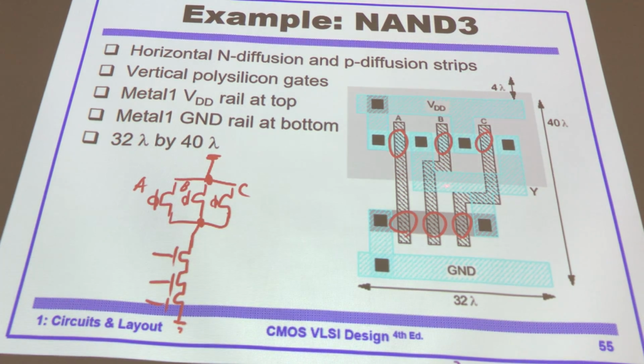For the B PMOS transistor, the source terminal is here, connected to VDD here, right? Drain terminal connected to Y again, which is also the drain terminal of A, at the output.